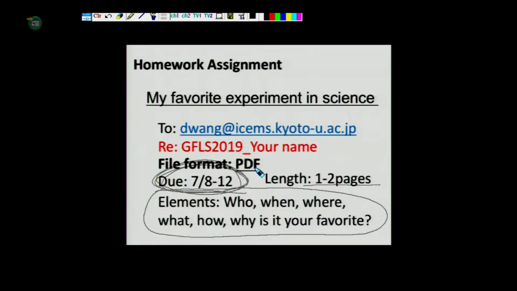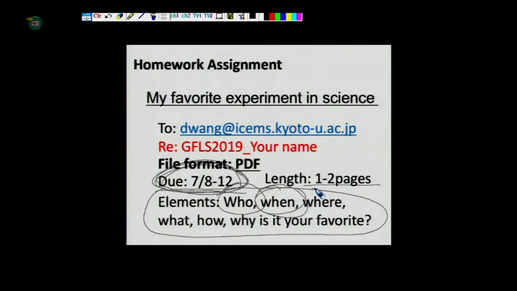First, who did this experiment? Relatedly, when? It doesn't have to be at day resolution, but you can say, well, 500 years ago, or 10 years ago, or something like that.